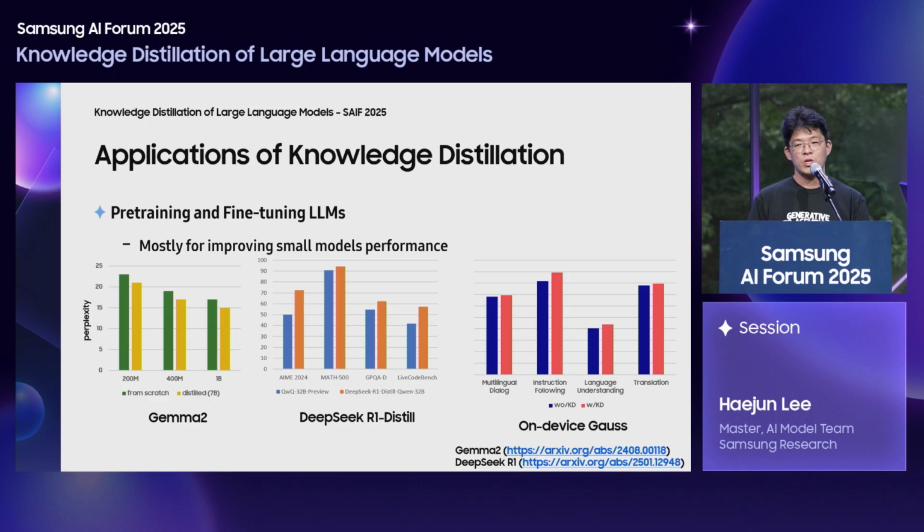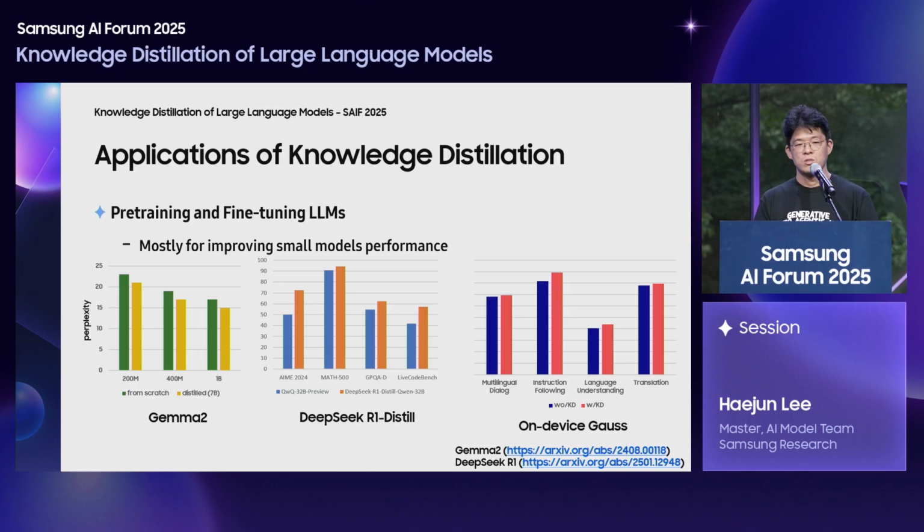Last but not least, I want to talk about how knowledge distillation can be used efficiently. I want to introduce you to some applications. The most important application would be to enhance the performance of the models themselves, especially smaller model performance. Gemma 2 and Qwen 3 also use it.